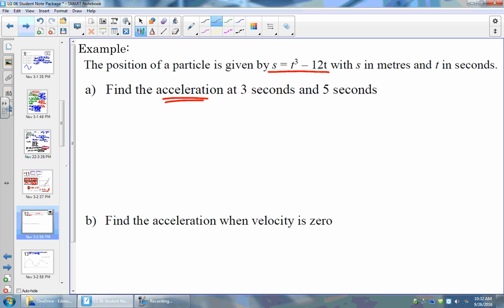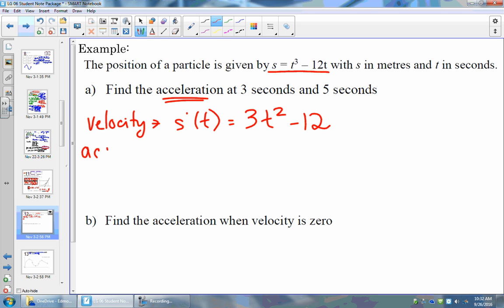What we need to actually do is find our velocity first, because our velocity is going to be our first derivative. Now, our first derivative is just going to be 3t squared minus 12. And that would mean that our acceleration is the second derivative. So that's going to be 6t.